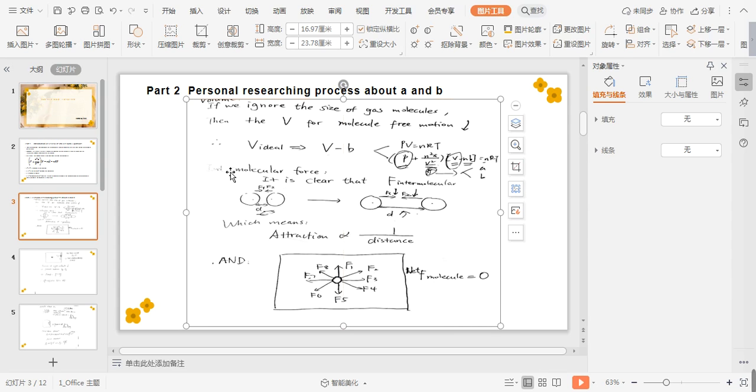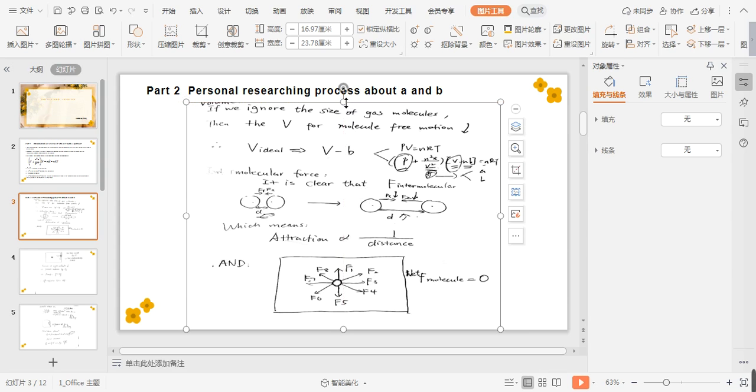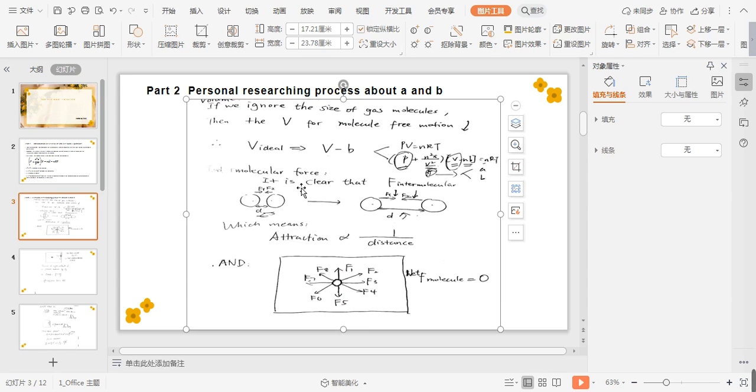And the intermolecular force. It's clear that between two gas molecules, there are attractions. Take the distance d and the attractions F1 and F2. As this distance increases, their attraction decreases. As d increases the attraction decreases, but the attraction still exists and will not be zero.